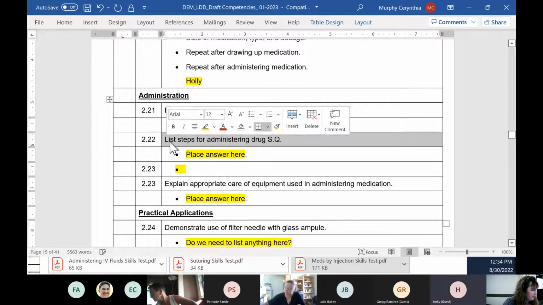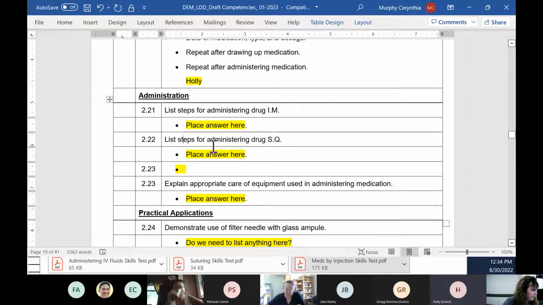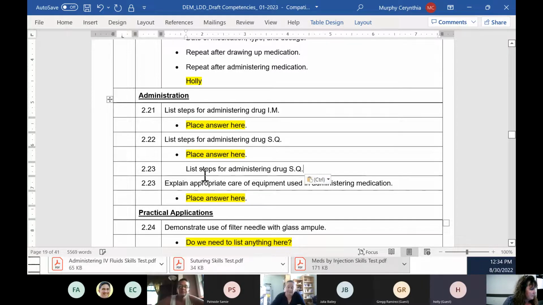So for those, my thinking is once we have those templates for the skills exams drawn up with the list of supplies and the steps and everything super outlined, easy for somebody to administer, we can share that information with the students. It's not a big mystery because they're not going to cheat off the test.